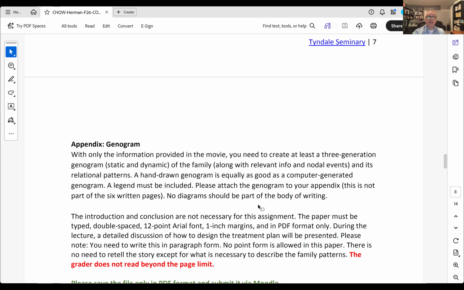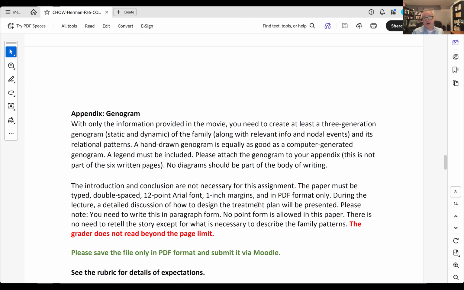Oh, sorry, I forgot to mention the genogram. So for this paper, you also need to include the genogram, at least a 3-generational genogram, both a static and a dynamic genogram. Static is basically just your average genogram with names and information. Dynamic is really referring to the relationships, right?